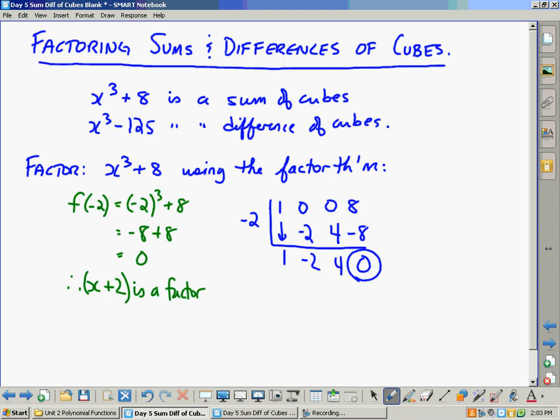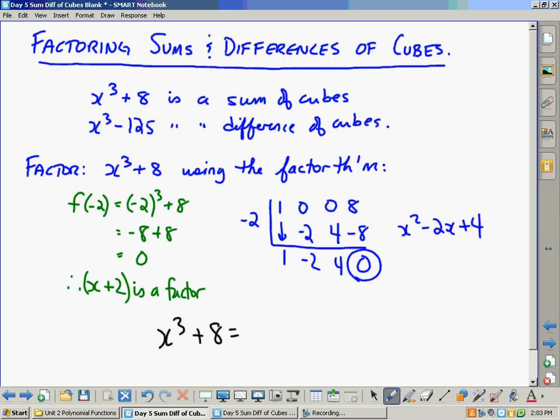That means x squared minus 2x plus 4 is the quotient. Taking the division statement, we started with x cubed plus 8.